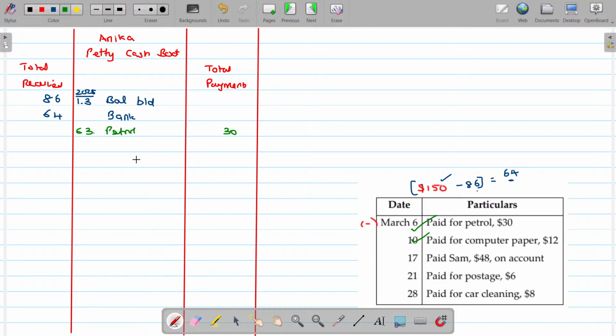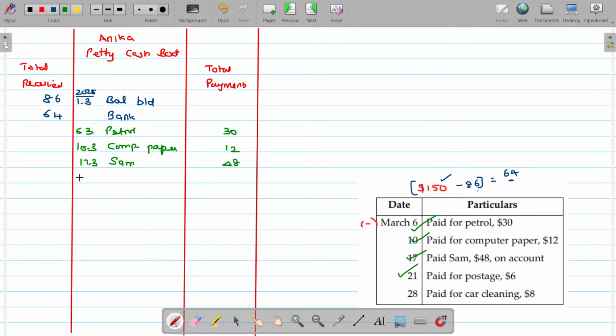Paid for computer paper on 10th March. The value is 12 rupees, $12. On 17th March, paid Sam on account. The payment made to Sam is 48.